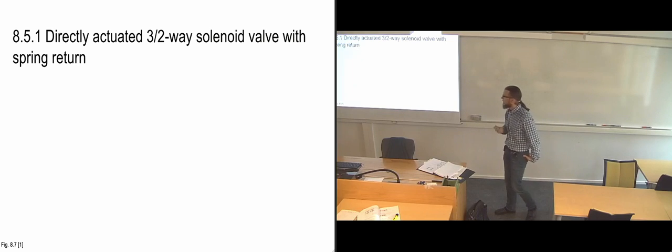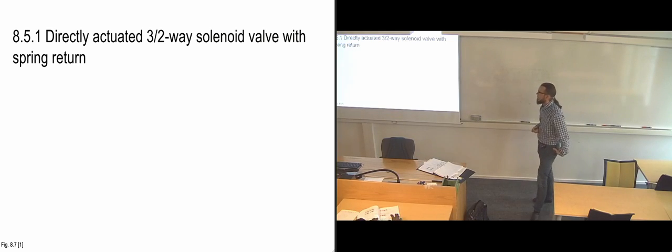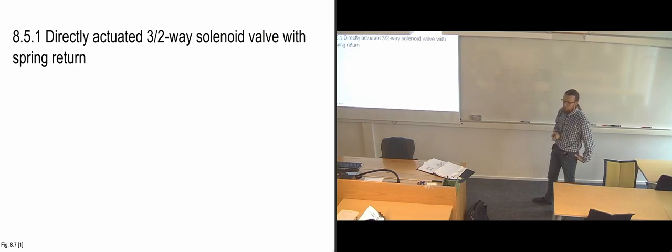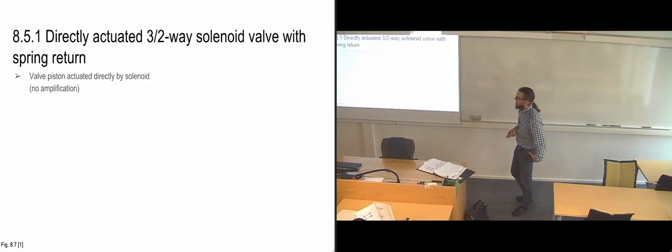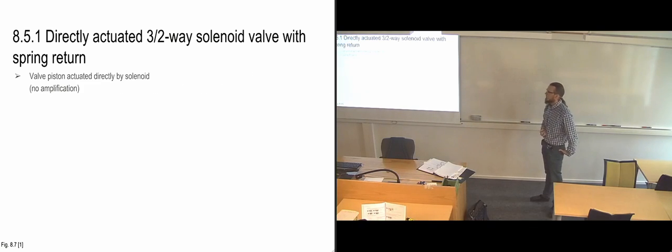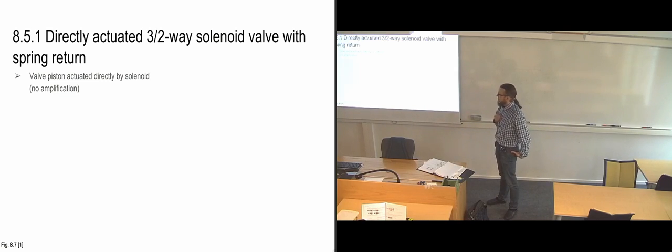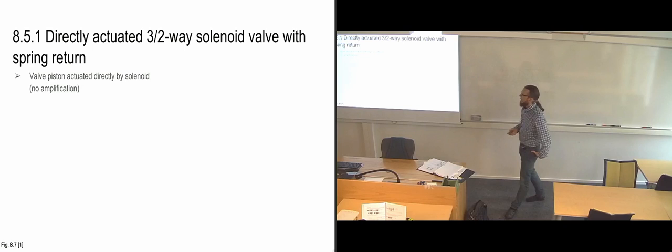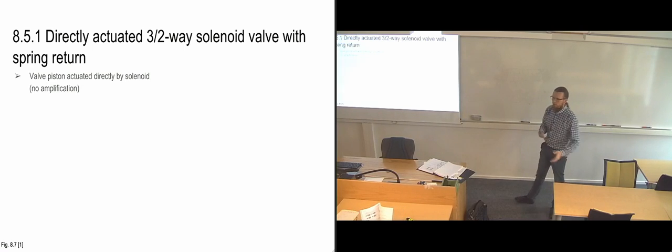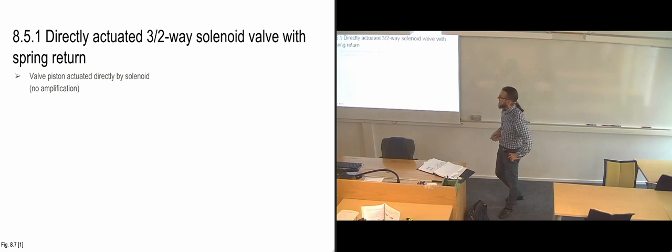So we'll start off with the 3 two-way solenoid valve. This one has a spring return, and it doesn't have pilot operation. It's directly actuated. So the valve piston is actuated directly by the solenoid. We don't have any pilot amplification on it.